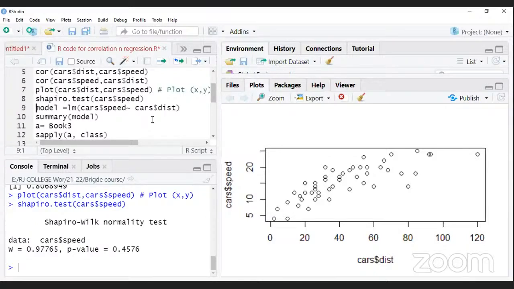You know the concept of null hypothesis: we assume it is true, but actually it is not true. We assume it is true. So I'm assuming H0, that my dependent variable has a normal distribution, versus the dependent variable is not normally distributed. Okay, so that hypothesis you should always define.